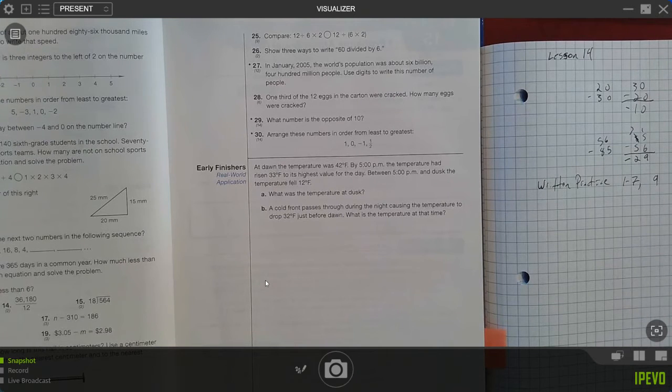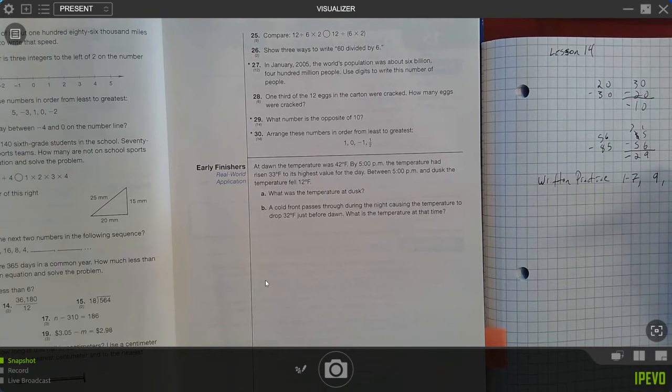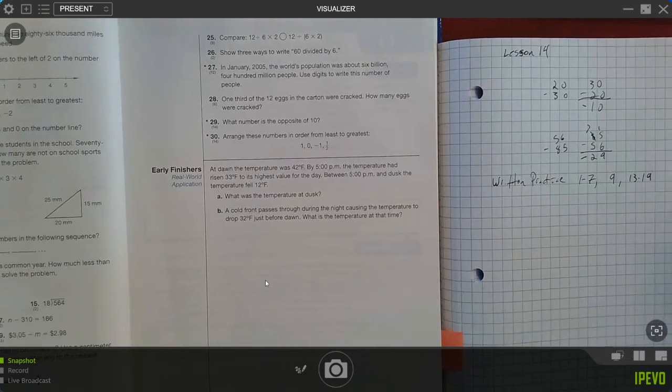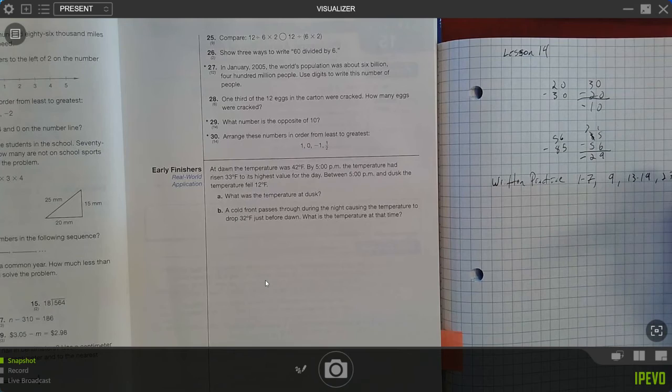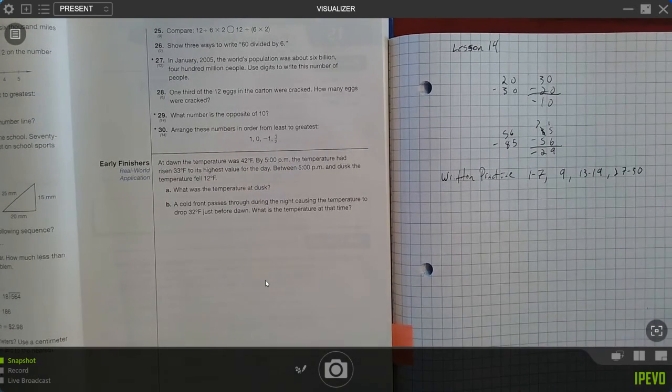And then 13 through 19. And then let's go ahead and do 27 through 30. Bounces around a bunch again, but I think these are the most important ones to hit, so I want to make sure you're getting some of that too.